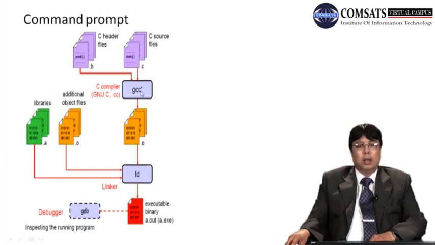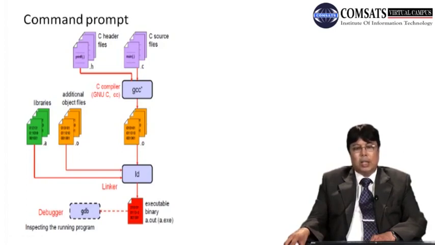Then the compiler produces an object file with extension .o. Here we can use additional object files together. We can also add on libraries. Combine all these three as an input to the linker, and then the linker produces the executable which we can execute.